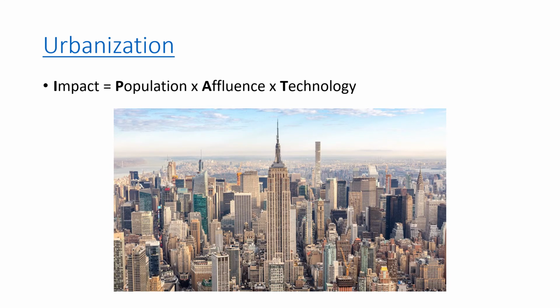So I always like to bring up this IPAT, right? Because the impact that people have on the environment has to do with the population, affluence, and technology. And so depending on what's happening with each of these things will impact differently. So if your population is big, it's going to have a larger impact.